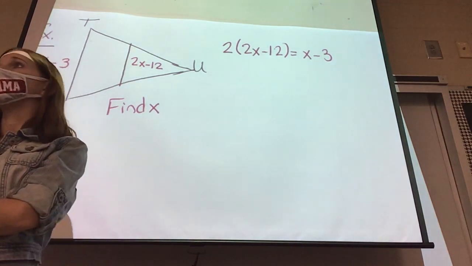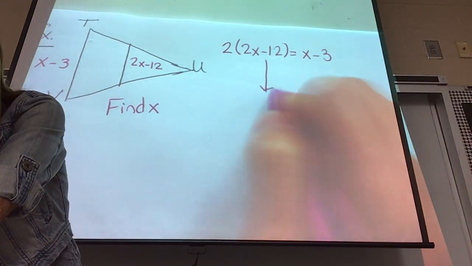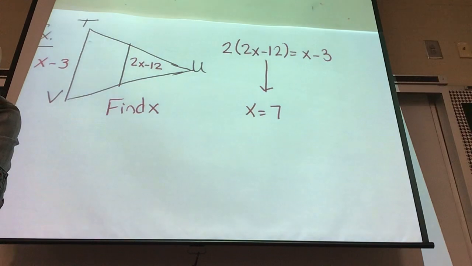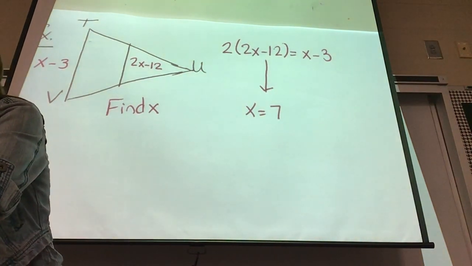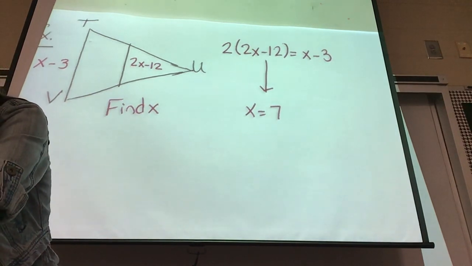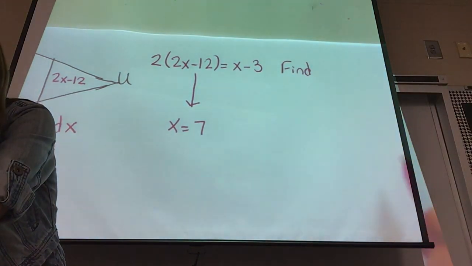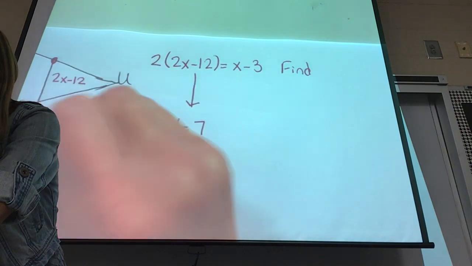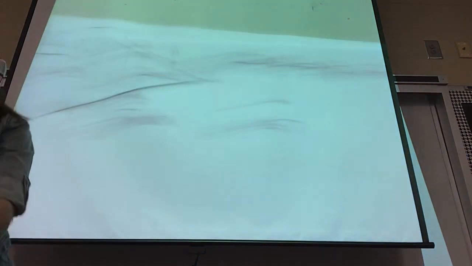Okay, so let's go ahead and use this one. You've already found out that if you solve this one, you're going to get x equals 7. Now, all you'll have to do is say, okay, now that you know x equals 7, what if I tell you that I want you to find the mid-segment?